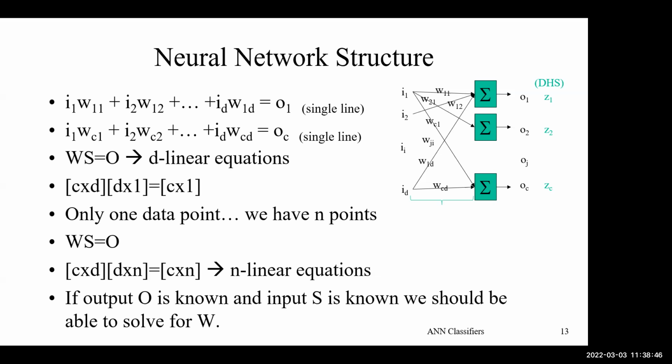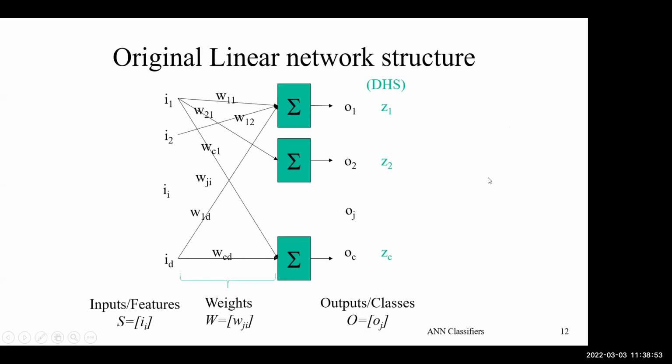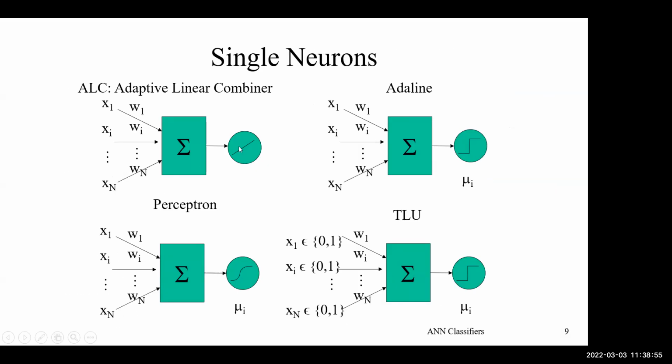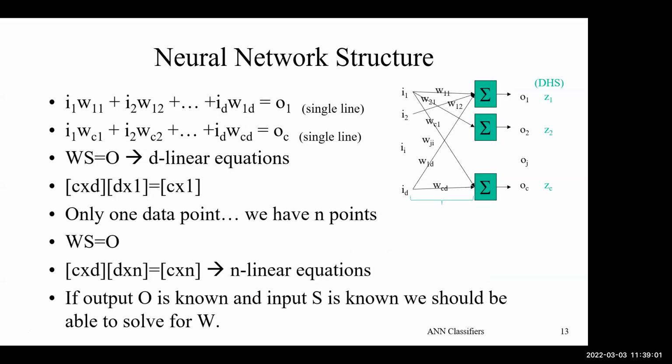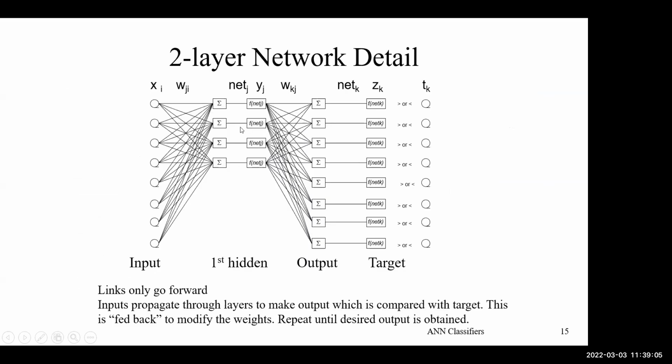So adding another layer, if we don't do anything to the output here, isn't going to do you any good because we can just put two sets together and those two would just merge and be equivalent to what we started with. Still linear. Bigger, but linear.